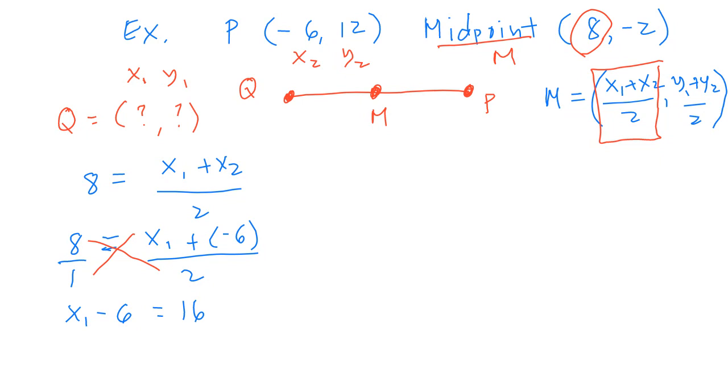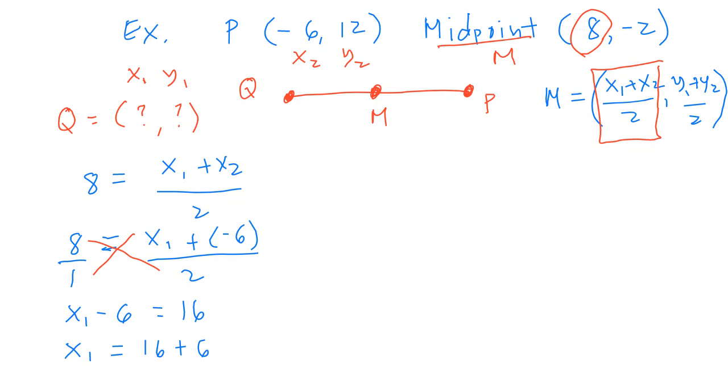If you have issue with cross multiplying, you can also multiply the whole equation by 2. So you can eliminate the 2 as a fraction, and you will get the same answer. So x1 here, solving for x1, we have to move -6 to the right, becomes 16 plus 6 becomes positive.